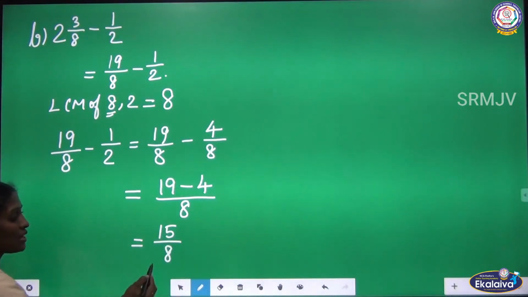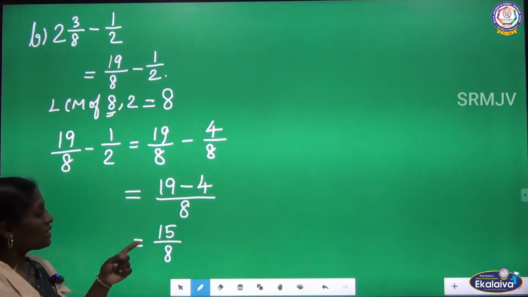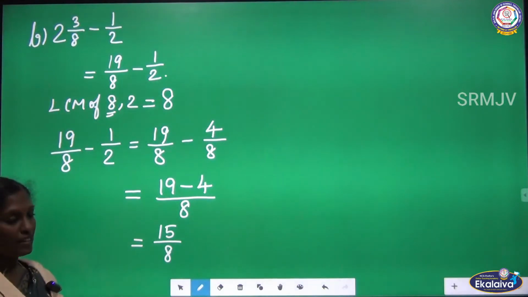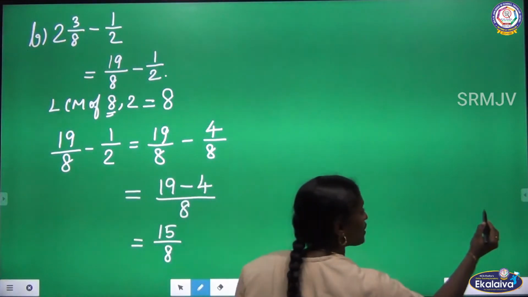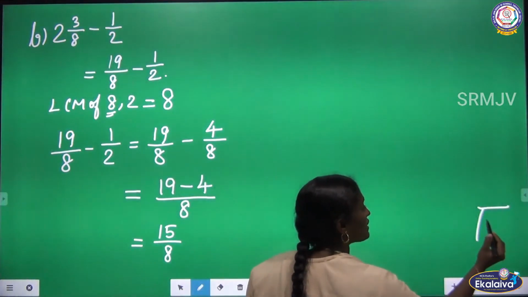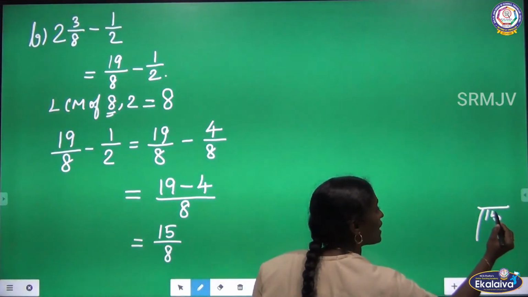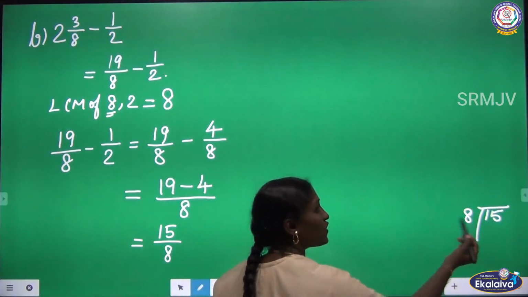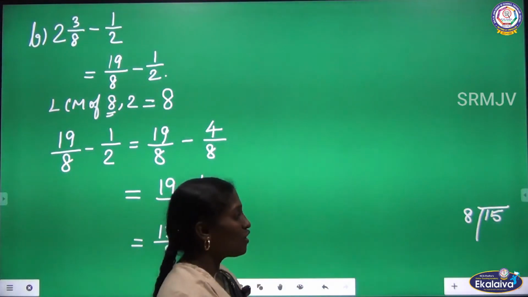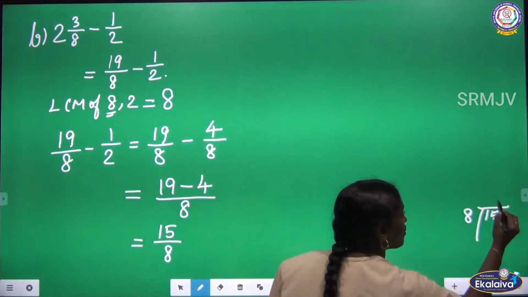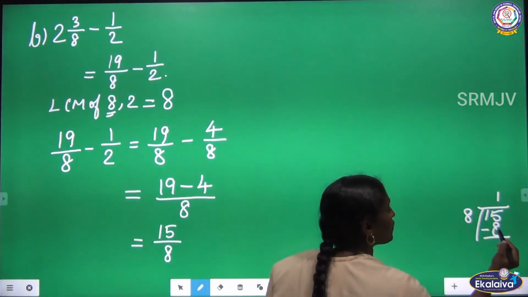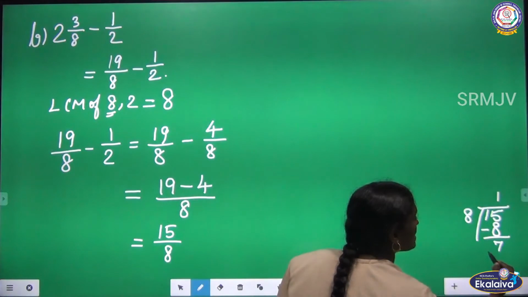Okay, see the fraction. Here the numerator is greater than the denominator. This is an improper fraction. We have to convert the improper fraction to a mixed number. For that, we have to divide the numerator by the denominator. In 15, how many times is 8 there? Only one time. So, 1 time 8, we have to subtract. 15 minus 8, that is 7.